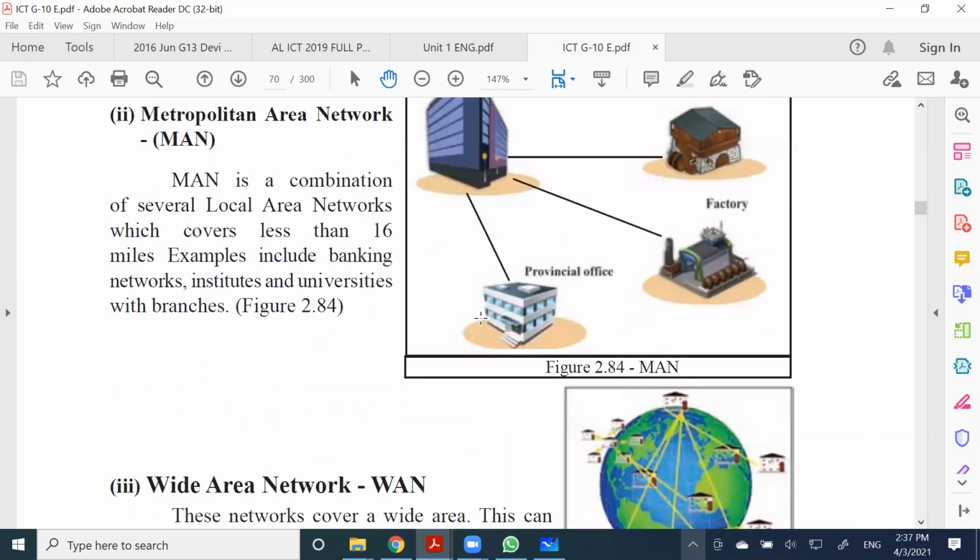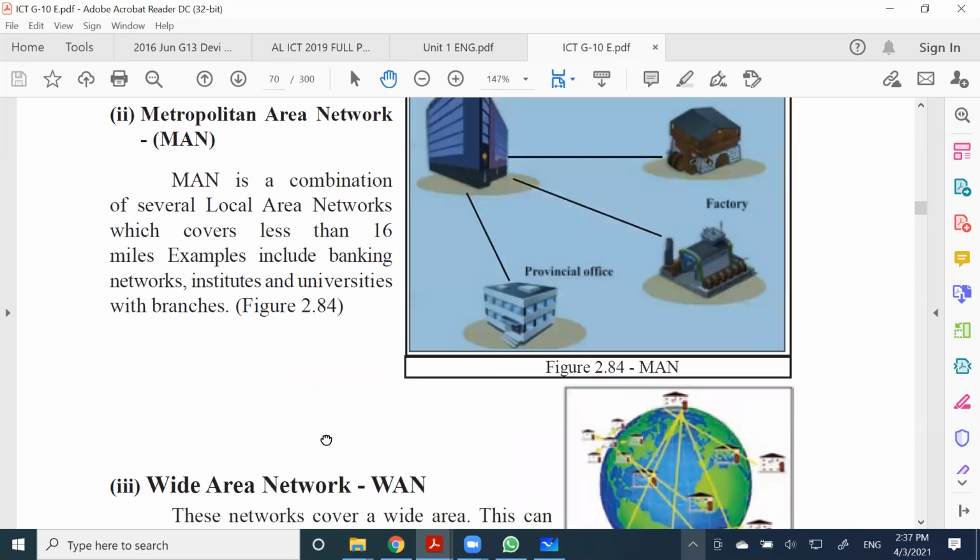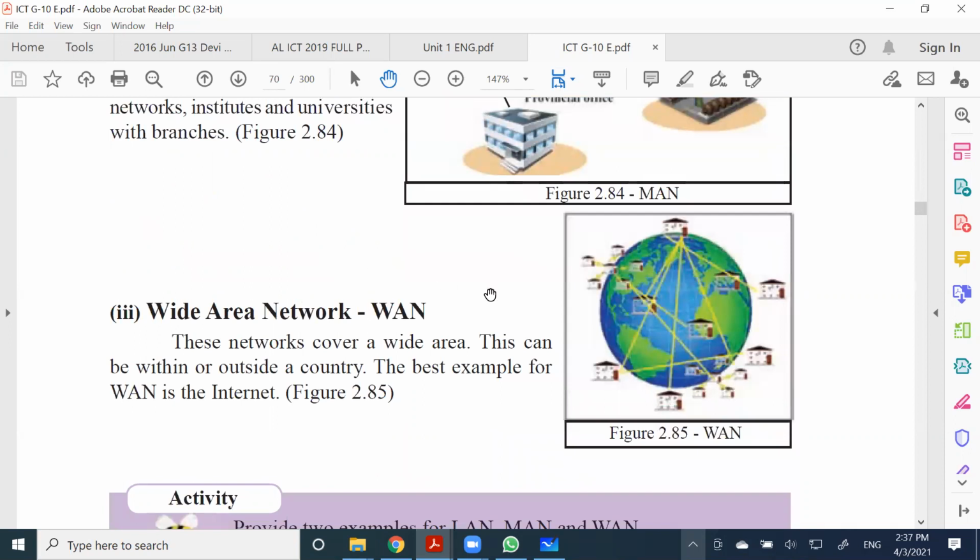When it comes to the wide area network, the internet is the best example. Wide literally means wide, so it's spread over a huge geographical area, all over the globe. So we call it a wide area network.